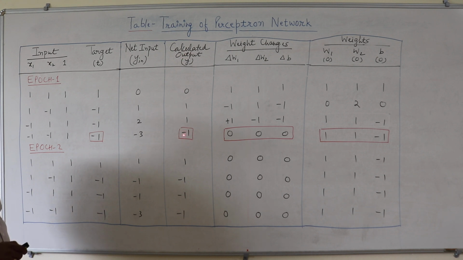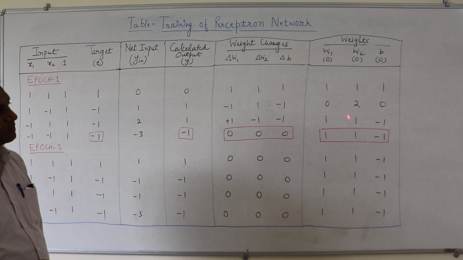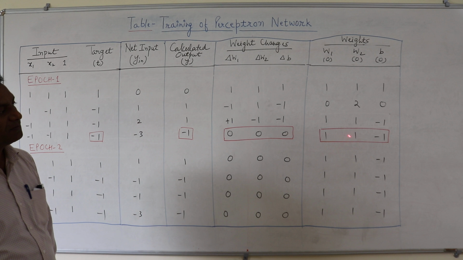So the calculated output is equal to the target. It means at this point we have achieved the final weights. These are the final weights 1, 1 and -1.